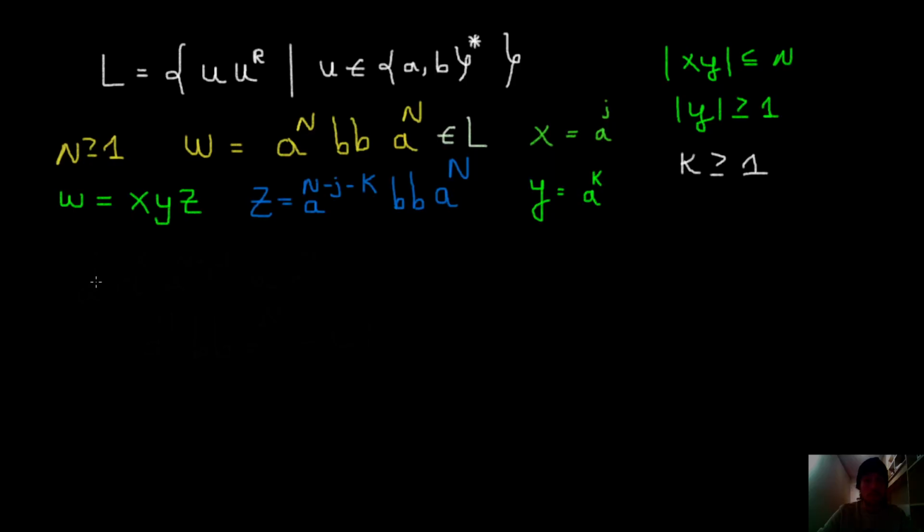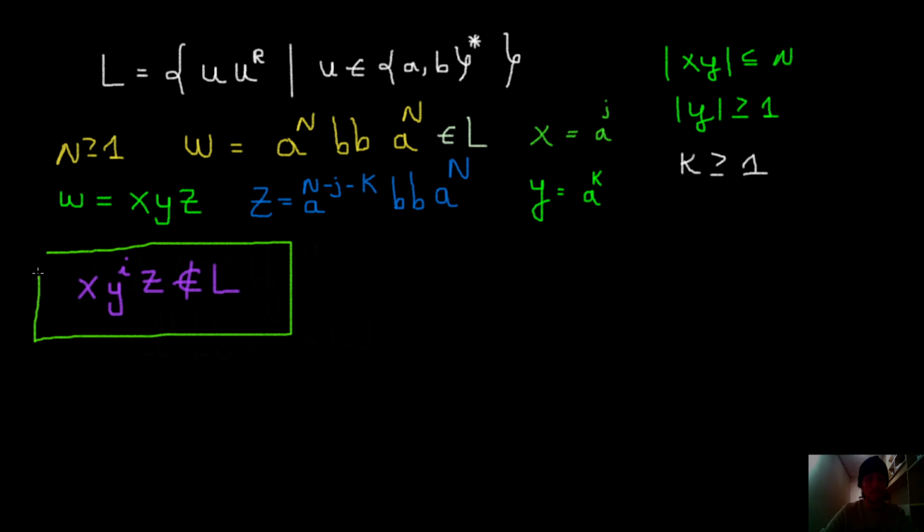So essentially, as we've said, we want a given value i such that when we concatenate x with y raised to i and then z, this does not belong to the language L. It is not complex to see here that any given value of i different from 1 will achieve this result.